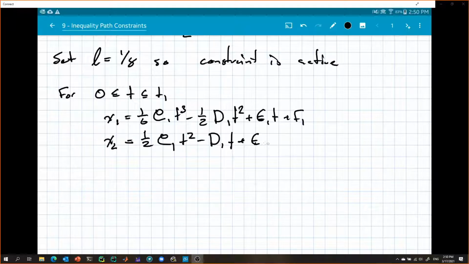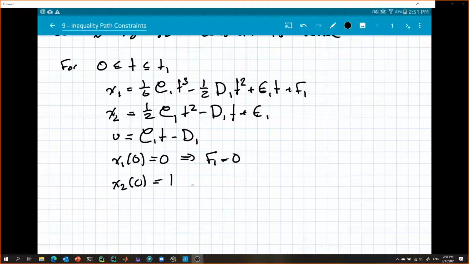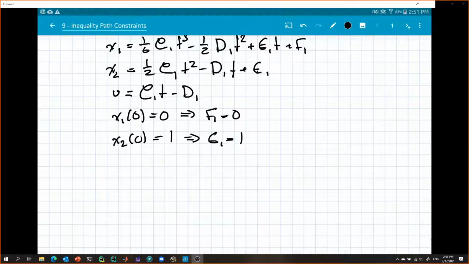Since this is an unconstrained arc, the problem has the same form, it just has different constants. So applying the initial boundary conditions for x1, we get f1 is equal to 0. Applying them for x2, we get e1 is equal to 1. So that simplifies things a little bit, but not entirely.